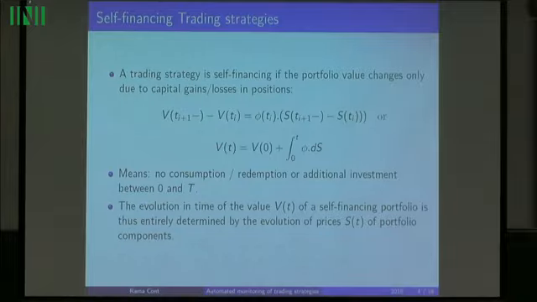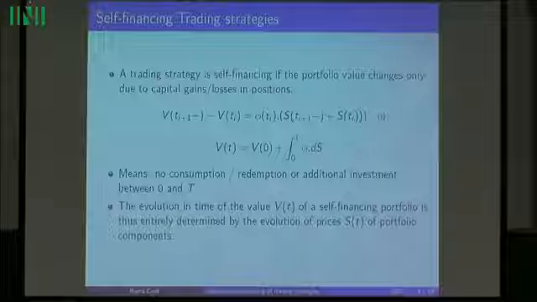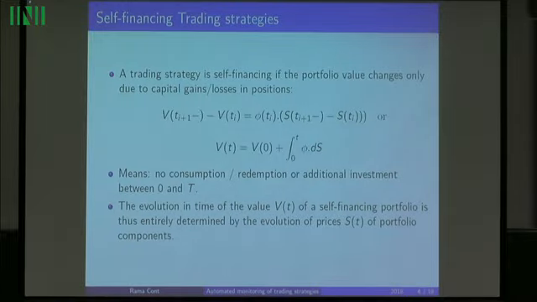Okay, so now from these strategies, we're going to focus on a subclass which makes them comparable, and these are self-financing strategies. A self-financing strategy is simply a strategy where, apart from trading by buying and selling, I don't do anything else. I'm not injecting capital or consuming any cash or removing cash from the portfolio.